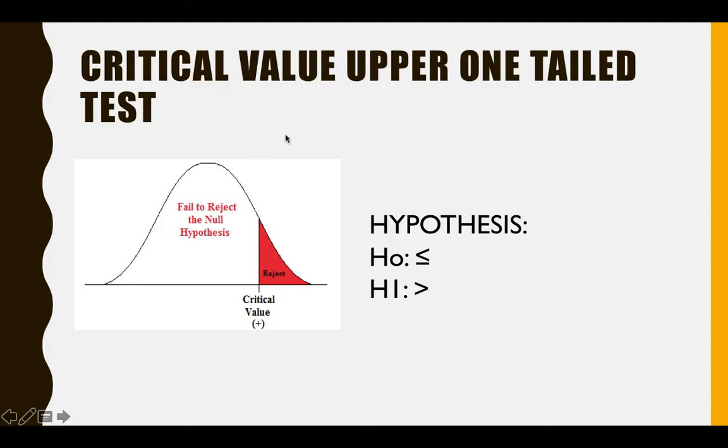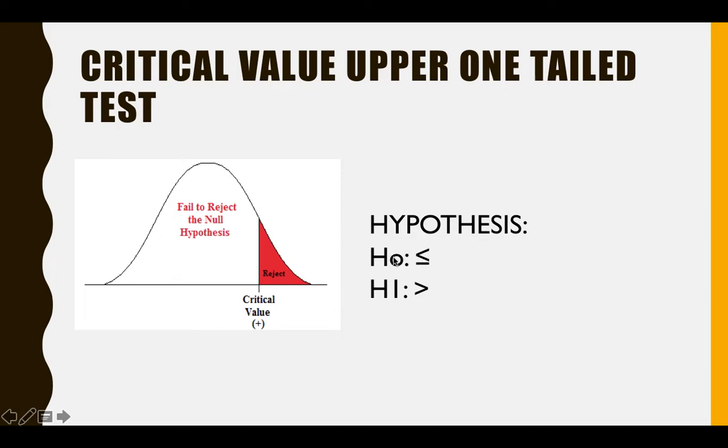Okay, then the last test is called upper one-tail test or critical value upper one-tail test. So when should you use this upper one-tailed test? Again, look at the hypothesis.